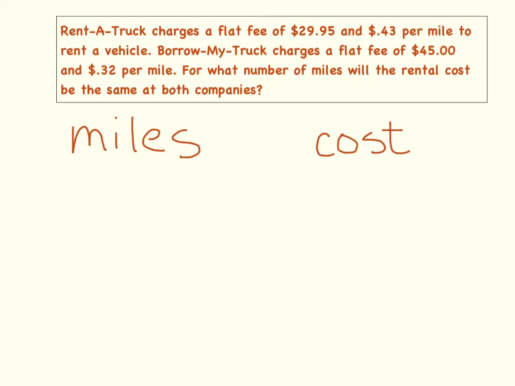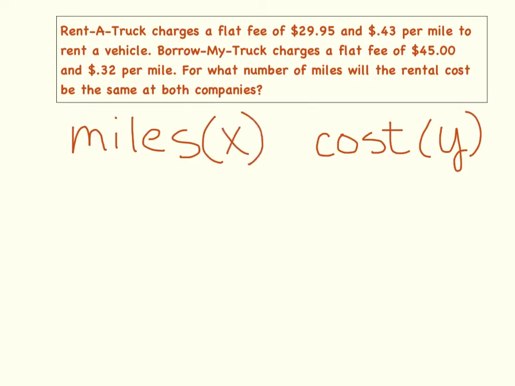Does the cost of something usually depend on something else, in this case the miles, or do the miles depend on the cost? It makes more sense that the cost of something would depend on how many miles you drive it. So we can tell that the cost is our dependent variable, and miles will be our independent variable.